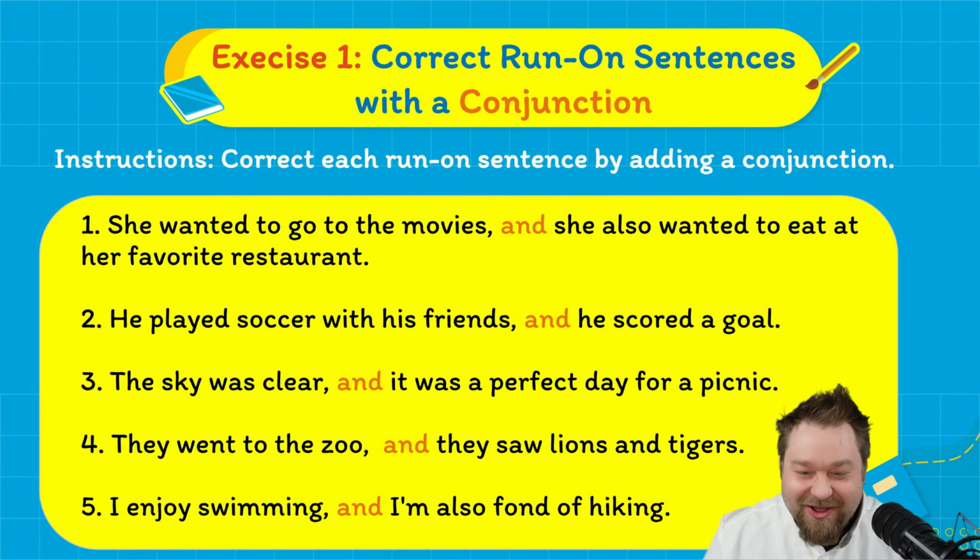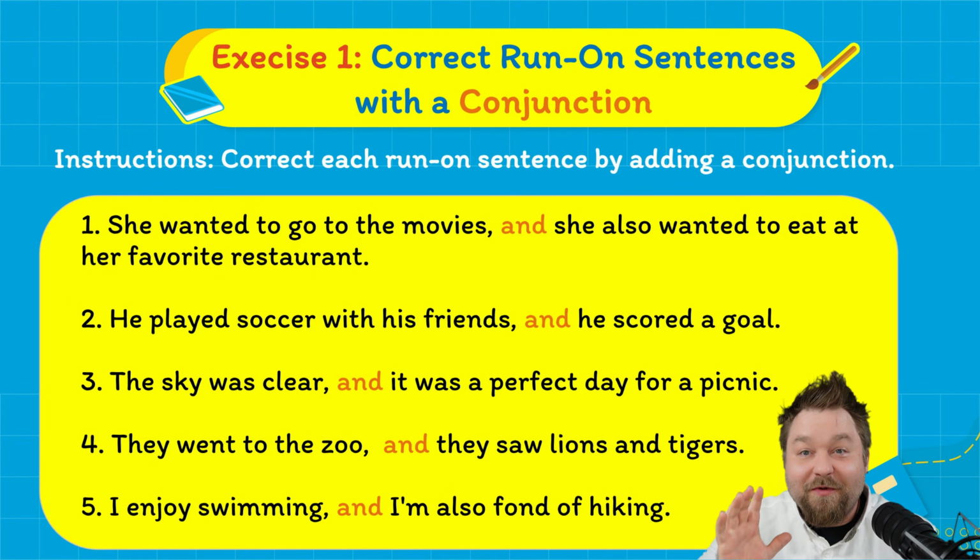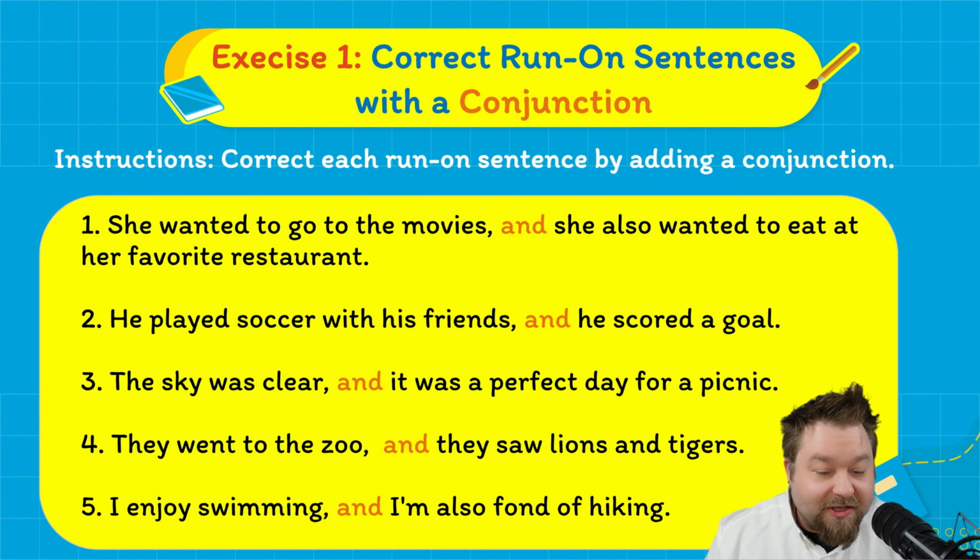I feel like that explanation made it worse. These 2 ands are okay. Number 5. We're learning about run-ons, not the ands. Okay, number 5. I enjoy swimming, and I'm also fond of hiking. I'm fond of hiking, too. I don't look like I'm fond of hiking, but I am. I like it.